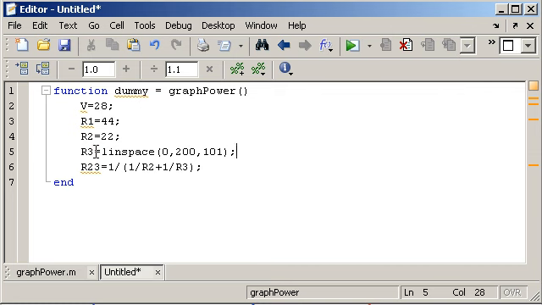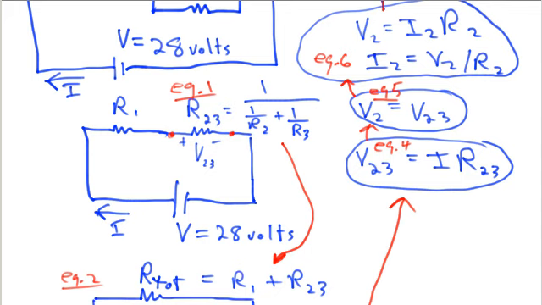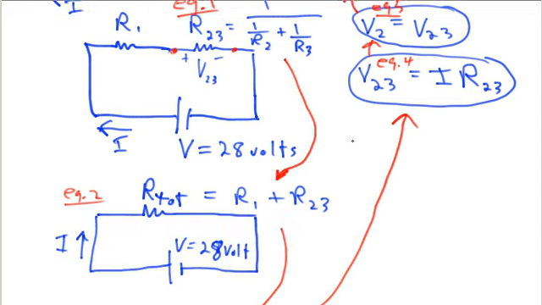I'm working with an array here, so I've got to do a lot of these mathematical steps on an element by element basis. I'm going to just type in the math and then fix that up later. So I've got to use a dot slash there instead of a slash, for instance, but I prefer to go back and fix that. I'm just thinking about getting the equations in correctly at this stage.